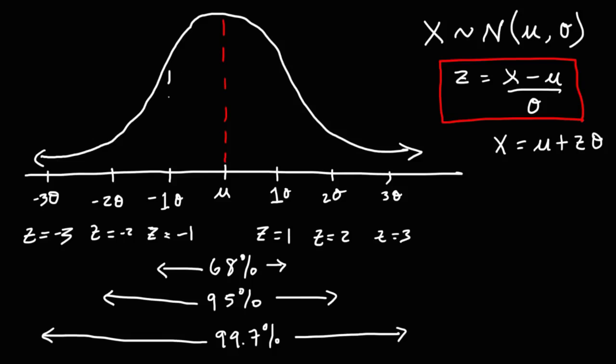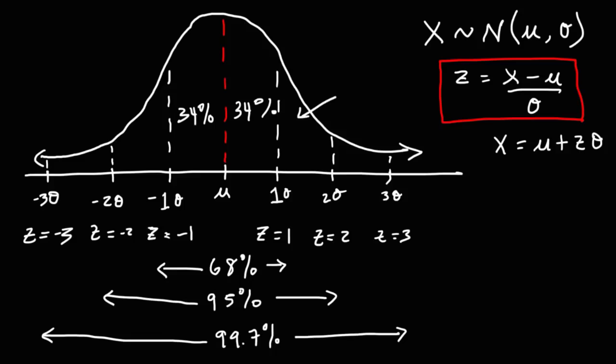So knowing that, how would you calculate the area under the curve expressed as a percentage in each of these sections? Well, if this area here is 68%, if we divide that by 2, that means this region must be 34%, as well as the left side as well.